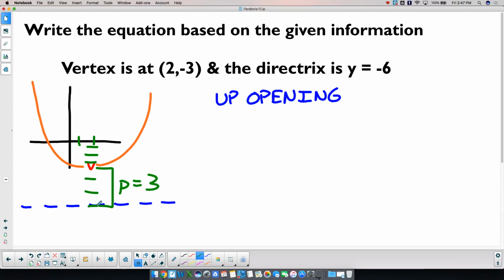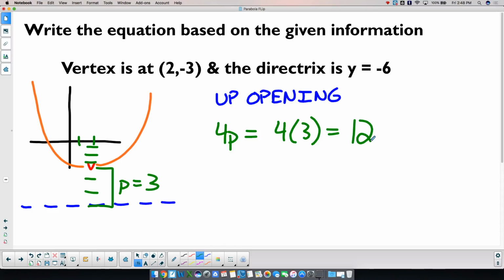Which is important because then 4P is going to equal 4 times 3, which is 12. Since it's opening up, that 12 is going to stay positive.